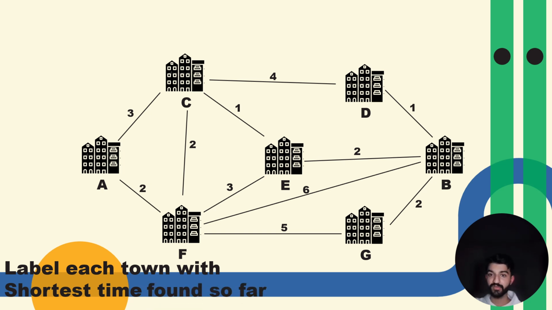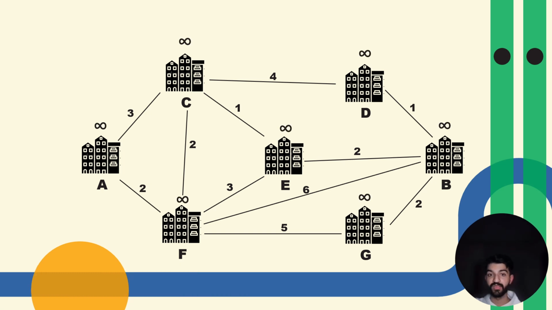Before we started the algorithm, we don't have any known way of getting to the towns, so we labeled them all with infinity. The only town that we can label correctly is our source, town A, which we can easily label.